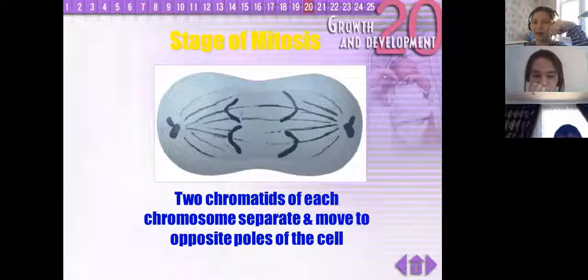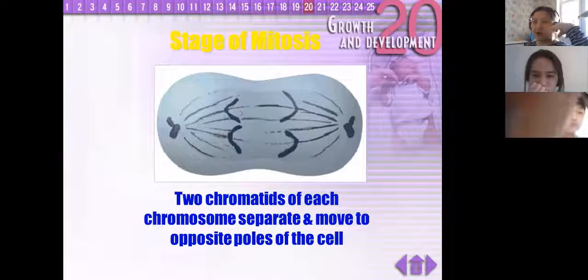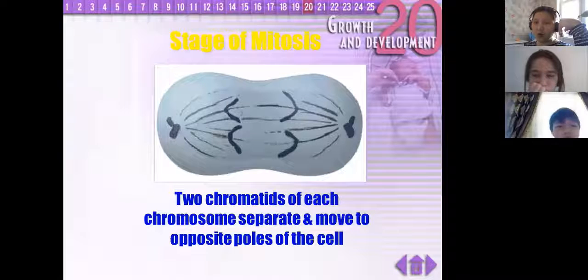And at the same time, the chromosomes are moving toward the poles, for example, south and north, or let me say east and west poles, and the cell membrane is also separating.